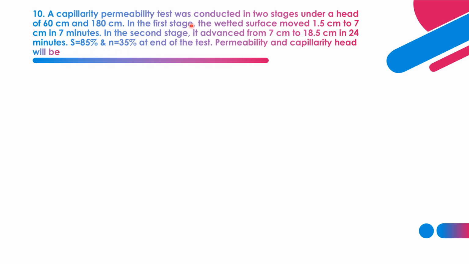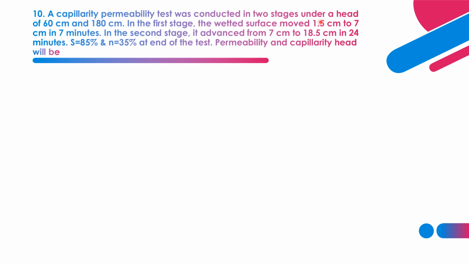A capillarity permeability test was conducted in two stages under a head of 60 centimeter and 180 centimeter. So two stages are there in the capillarity permeability test, and for the two stages they have given the head values. In the first stage, the wetted surface moved from 1.5 centimeter to 7 centimeter in 7 minutes.